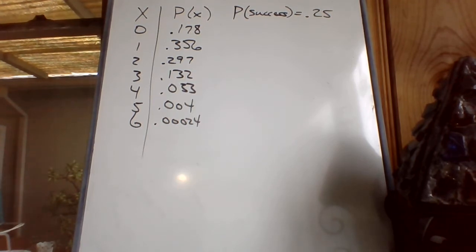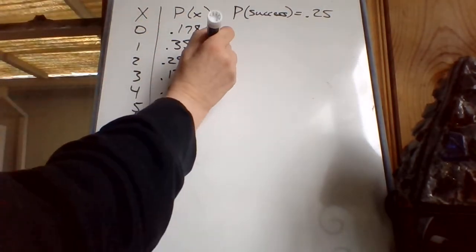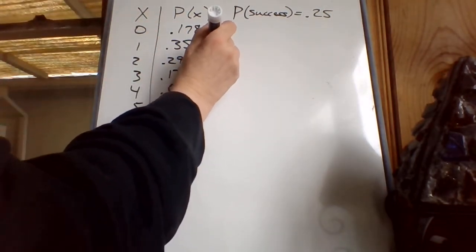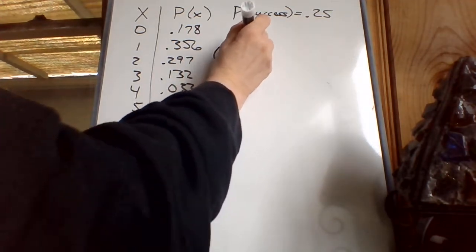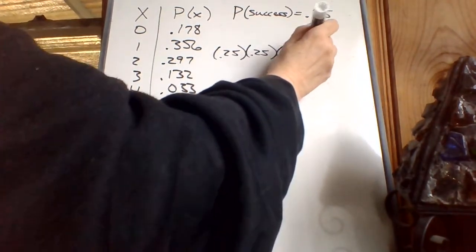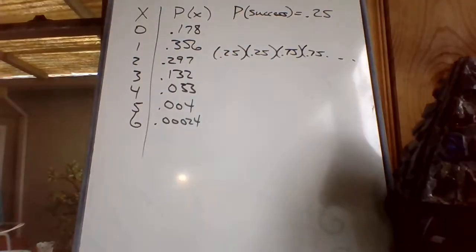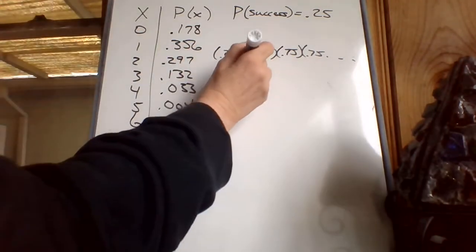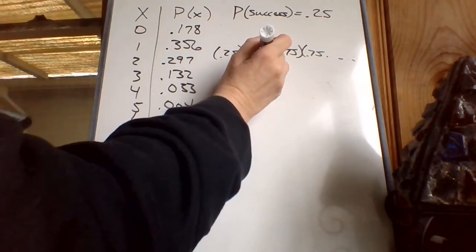Okay. But now we got to check on this 2 number. Let's see. So it could be success in the first one and the second one, and then the other 4 failures. All right, so that would be 0.0198.